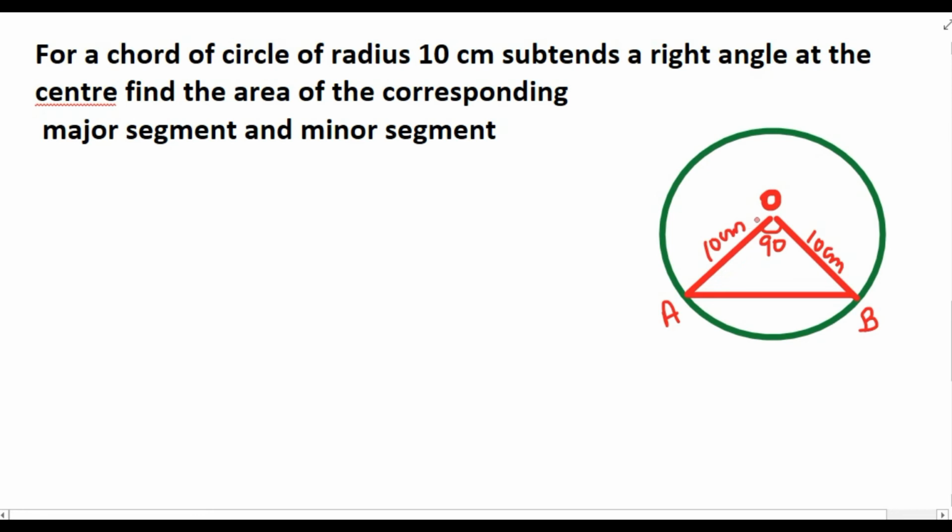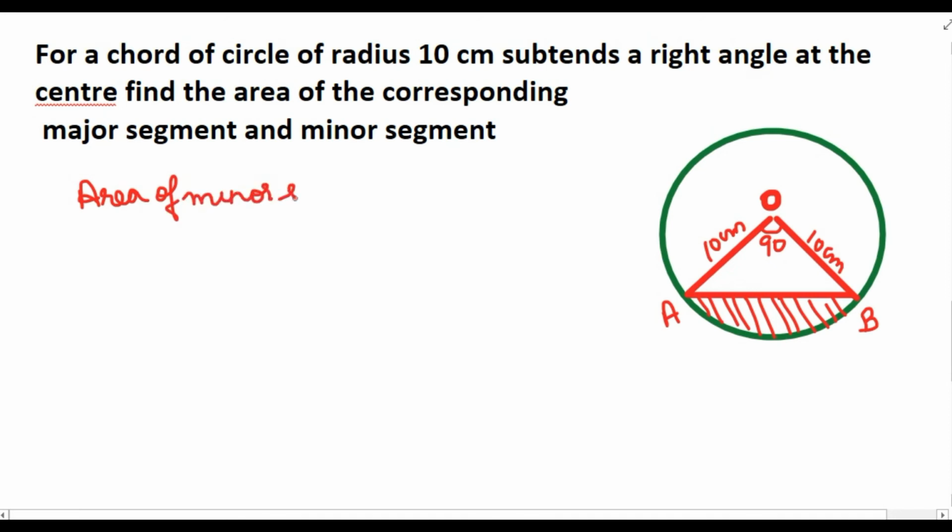We need to find the area of major segment as well as minor segment. So segment we need to find, not sector. Segment means the region enclosed between the chord and the arc. So this is segment. First we will find out area of minor segment.